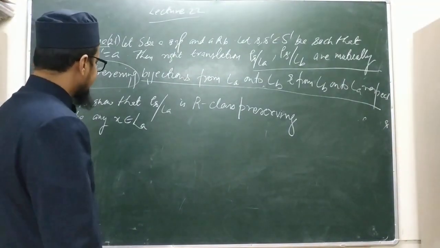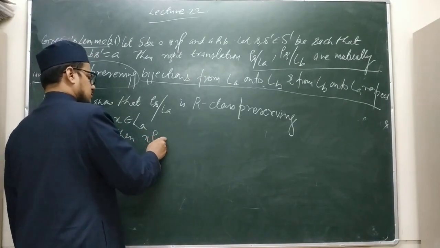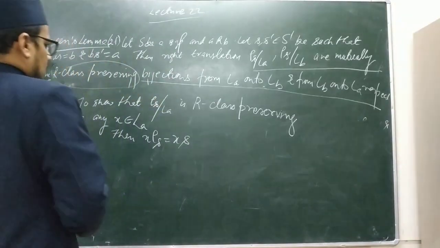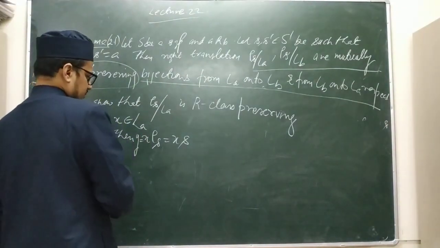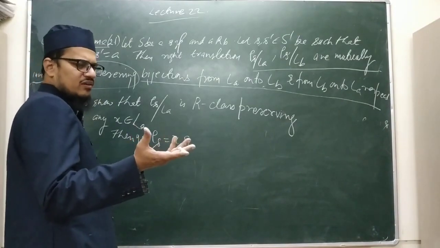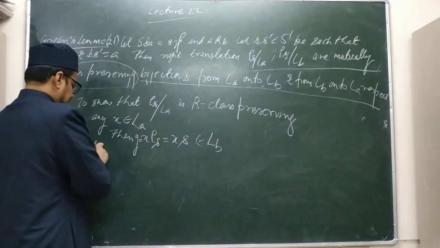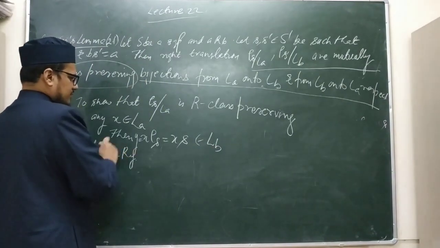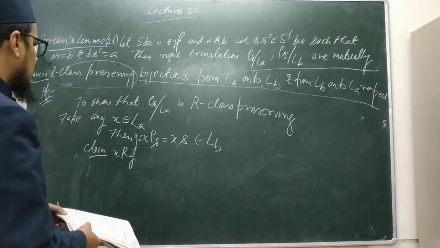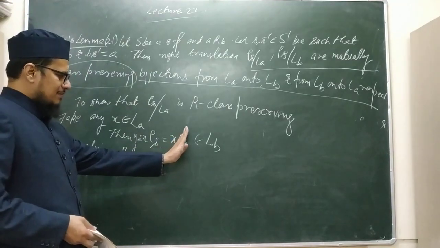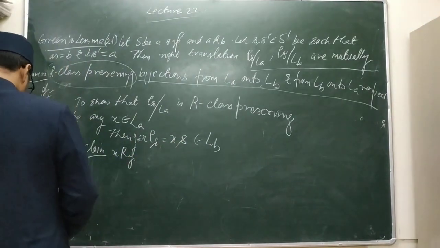Correct? Then x rho s is equal to xs, then you write like this: y is equal to x rho s. You say the image of x is y, say y it is. So basically we have to prove it belongs to, of course, LB, correct? So claim, what is our claim? Claim is XRY. This is our claim, correct? So y is equal to xs, and you are multiplying from the right side to x, you are getting y, isn't it?